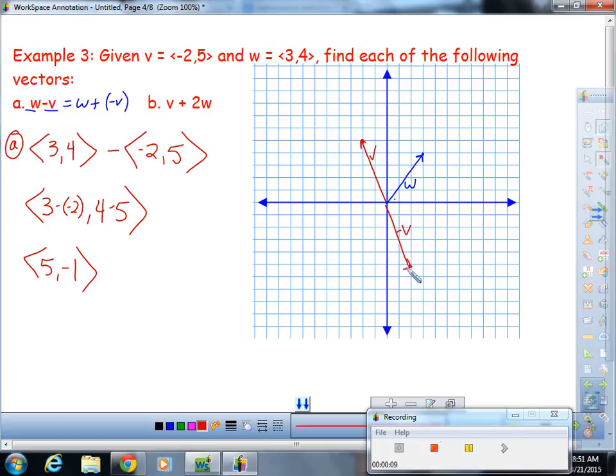So if I took my w and went right 2 and down 4 and just copied a minus v there, this terminal point should, if we did it right, give us the solution. And indeed it does. That is <5, -1>.